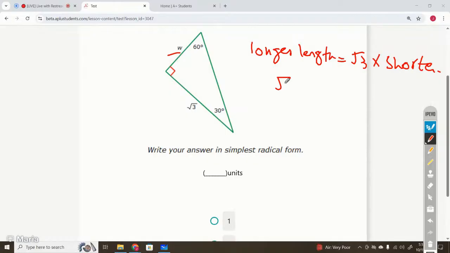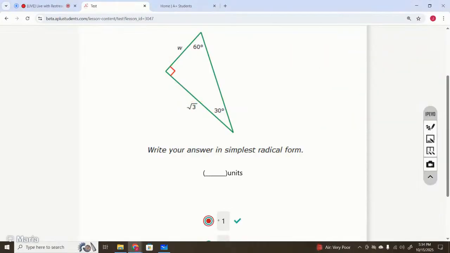The longer leg is square root 3, so the shorter leg length equals 1. The correct option is 1.